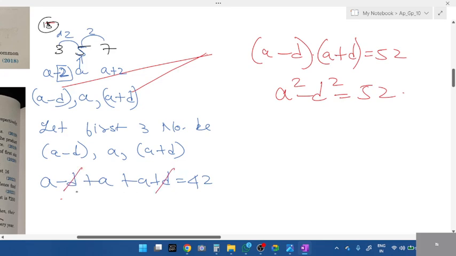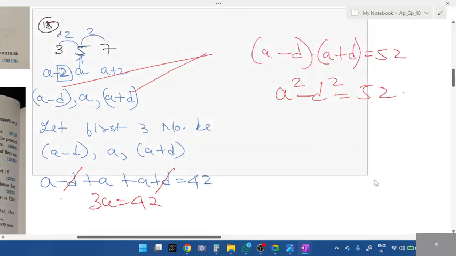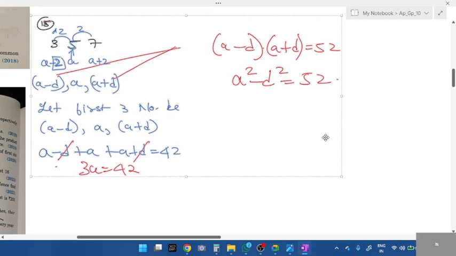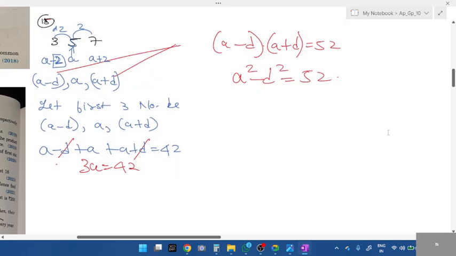D and D get cancelled. 3A is equal to 42. Find the value of A. Once you get A value, substitute here, you'll get D, students.